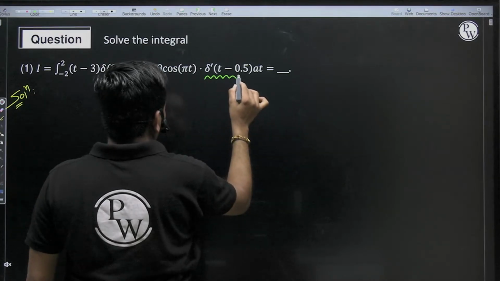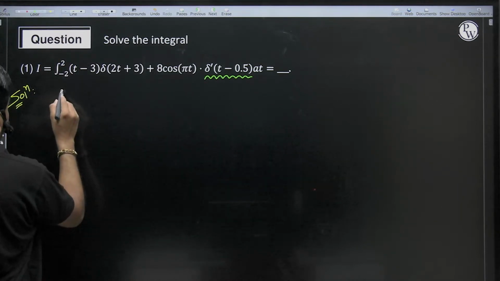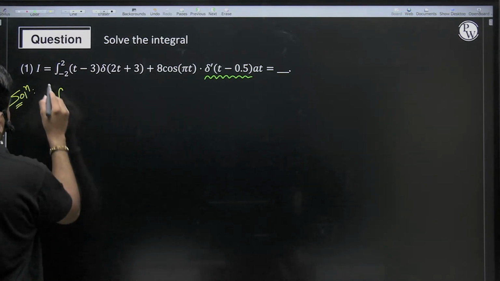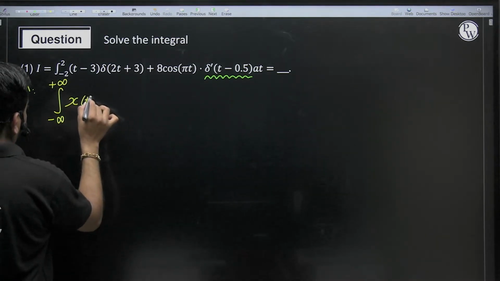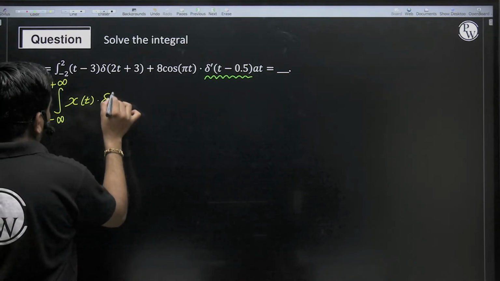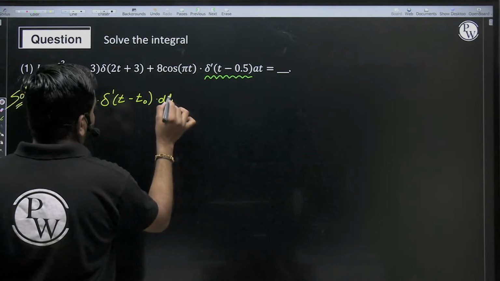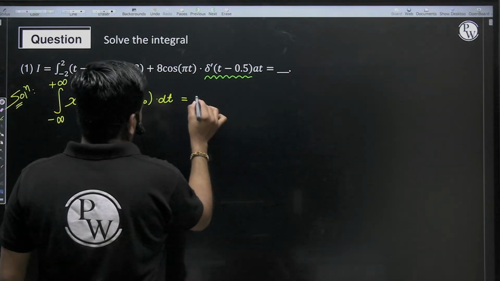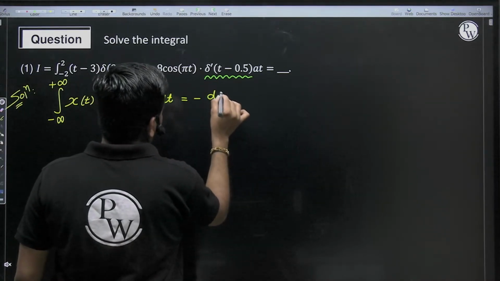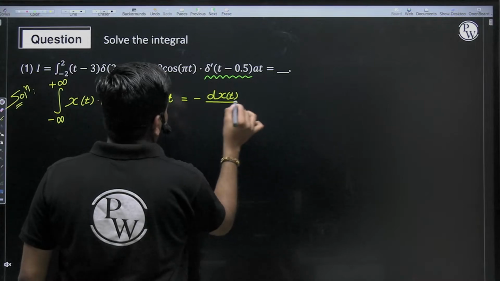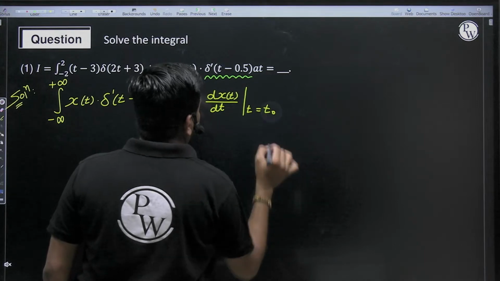The first derivative of the impulse function is the doublet function, and we know the property: integral from minus infinity to plus infinity of x(t) δ'(t minus t0) dt equals (minus 1)^n, with n equal to 1 for first order differentiation, so minus dx(t)/dt, and this value is at t equal to t0.